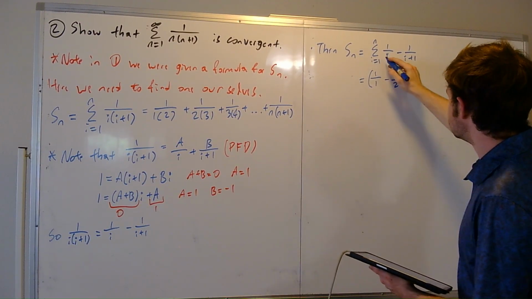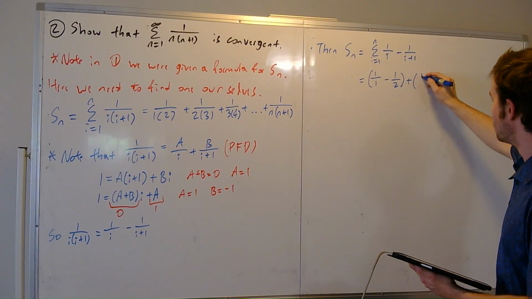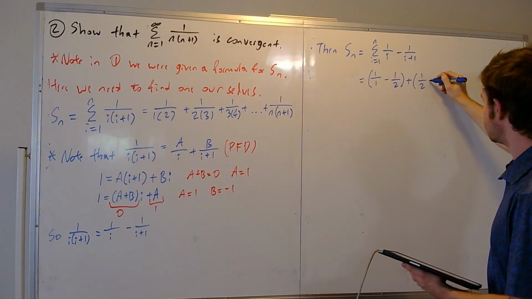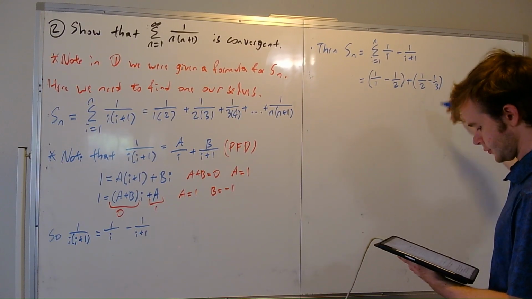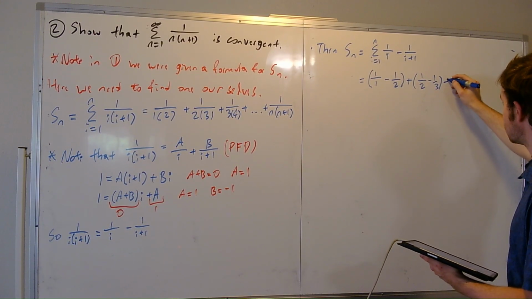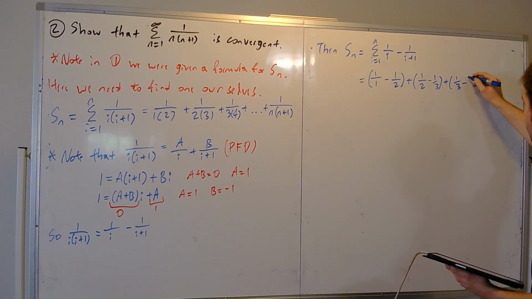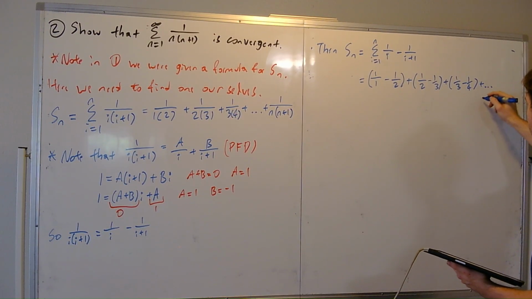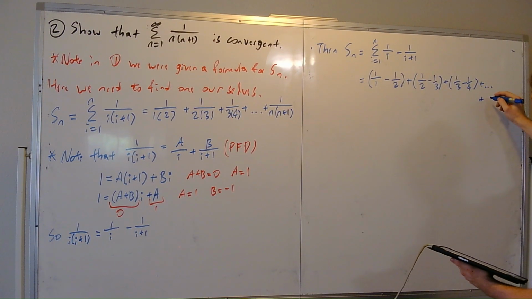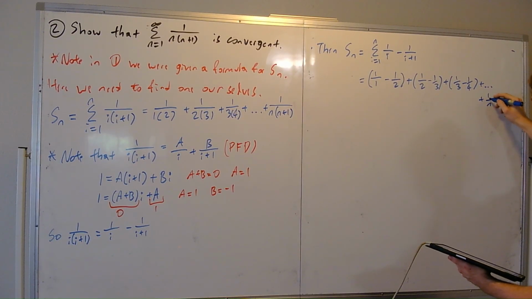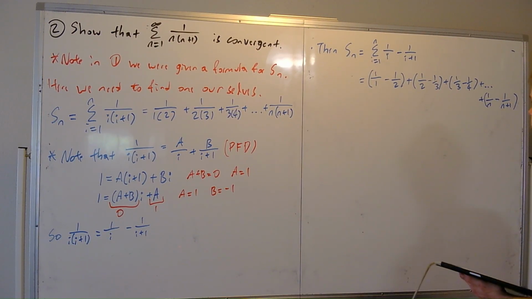Plus, if you plug in 2, you're going to get 1 over 2 minus 1 over 3. If you plug in 3, you're going to get 1 over 3 minus 1 over 4. And you just keep going. And then if you plug in n, you're going to get plus 1 over n minus 1 over n plus 1.